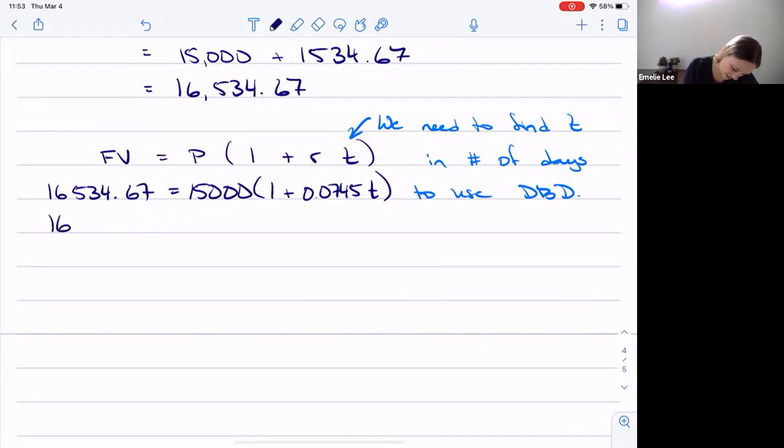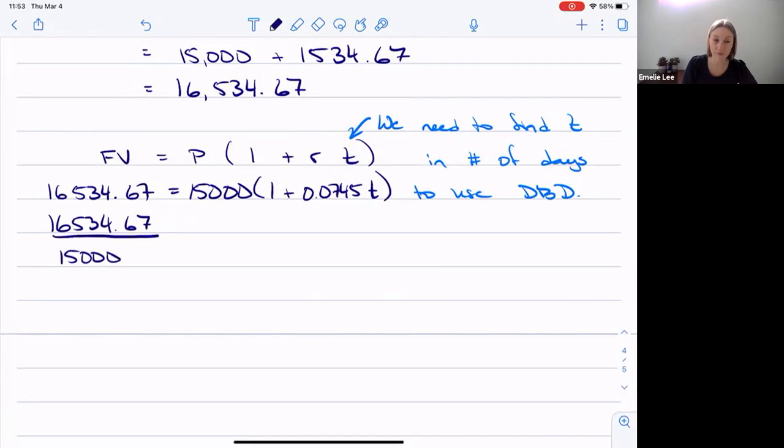So 16,534.67 divided by 15,000 equals 1 plus 0.0745 t.